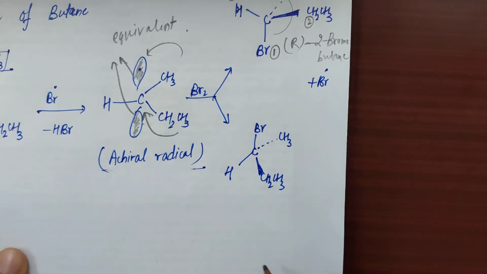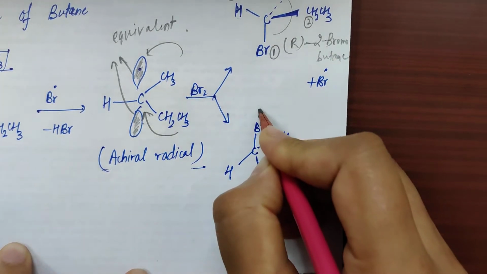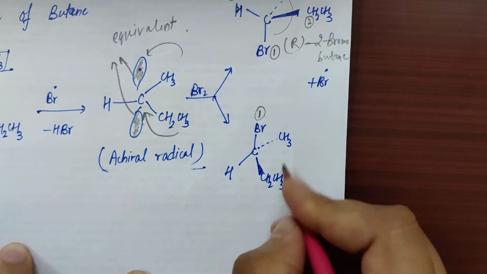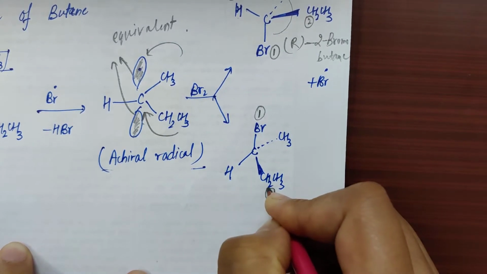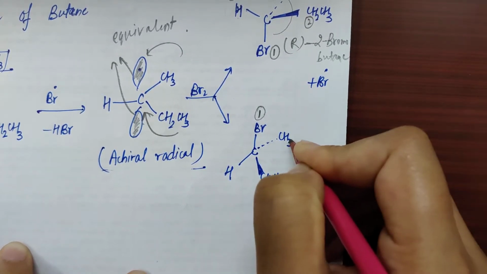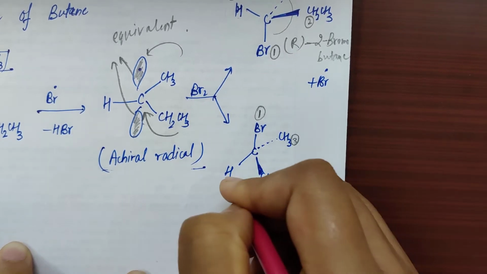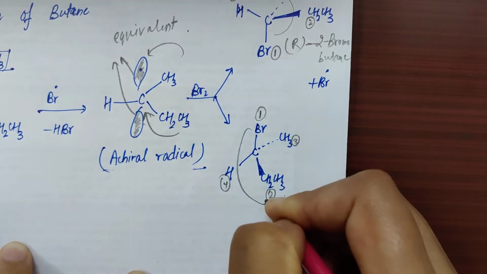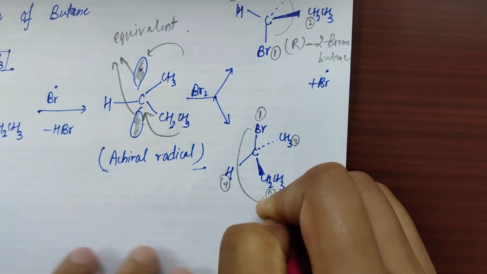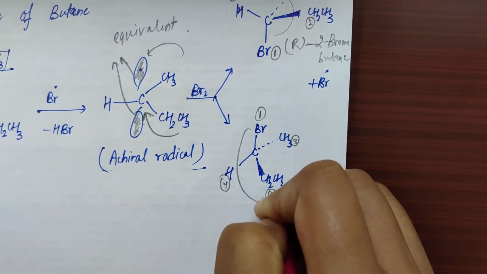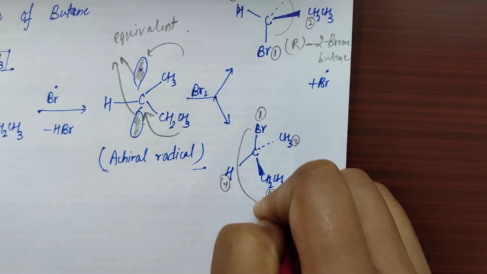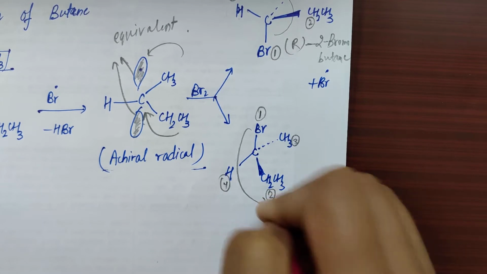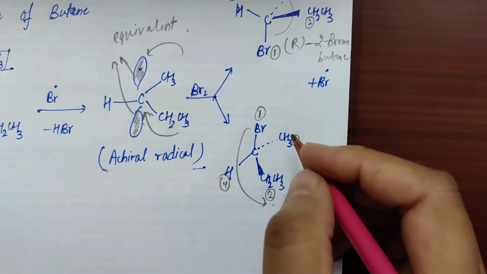Let's see the second molecule. Again the priority order will be the same. Br will get first, CH2, CH3 will get second, CH3 will get third, and hydrogen will get fourth. And if you see, the rotation is anti-clockwise, and again what is happening?